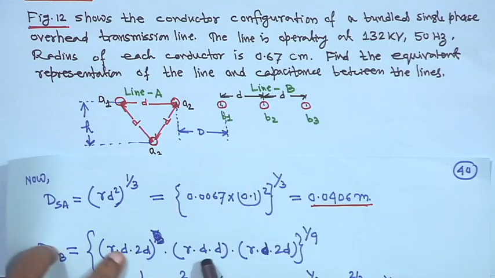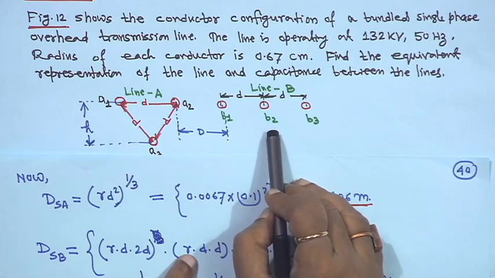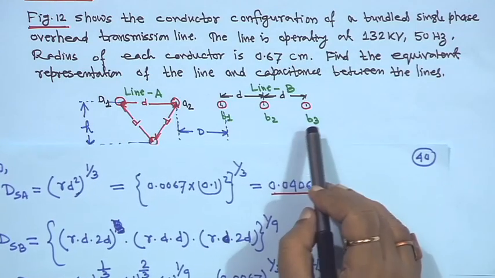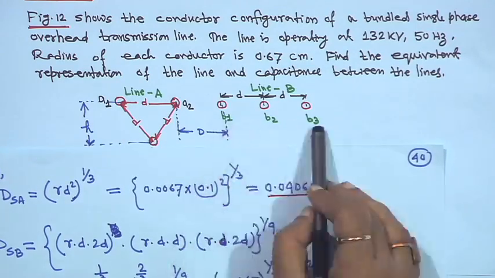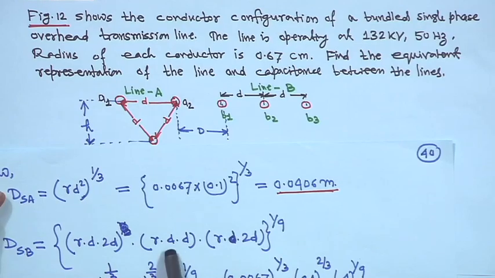This is one. Then for the mid conductor, it is DB2 B2, that is R, and DB2 B1 is D, and B2 B3 is also D, right. Similarly, when you come to this one and this one, same. So, it will be R into D into 2D to the power 1 by 9, because 3, 3, 3.